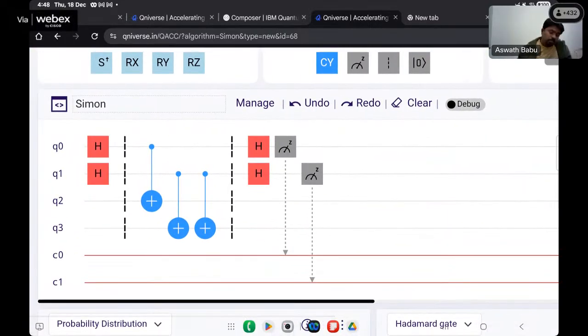Q0 and Q1 are the queries, and Q2 and Q3 are ancillas. For the queries we have two Hadamards, and my oracle function has 3 CNOTs, after which there are two Hadamards, the same as the initial ones. Now I have a measurement at Q0 and Q1.